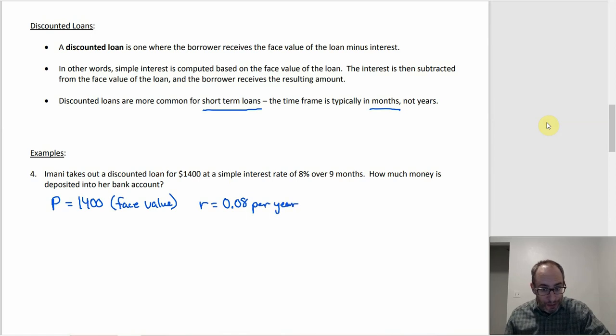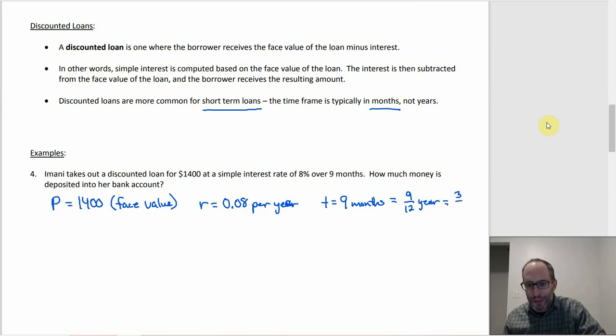Because when it doesn't specify the time, it's per year. And then 9 months for the time. So T is 9 months. But then that would be 9/12 of a year, or since that fraction reduces, 3/4 of a year, that's probably the best way to write it. So that's what we'll do.